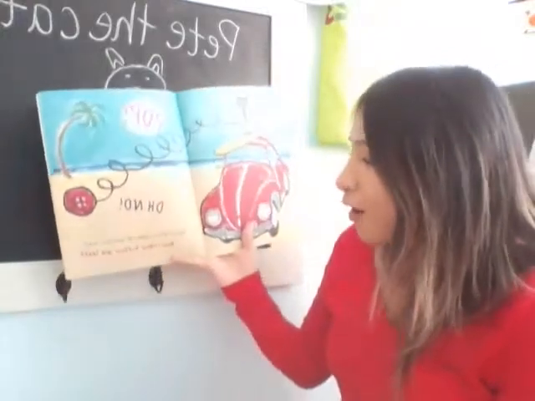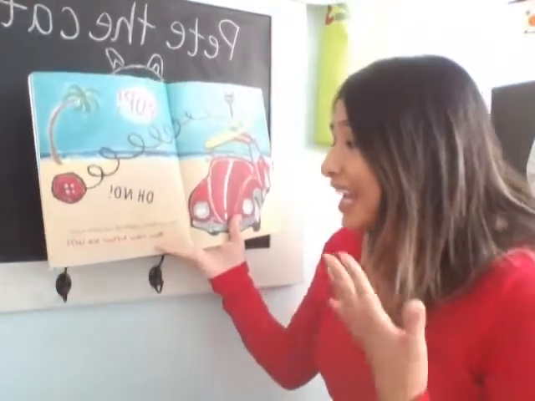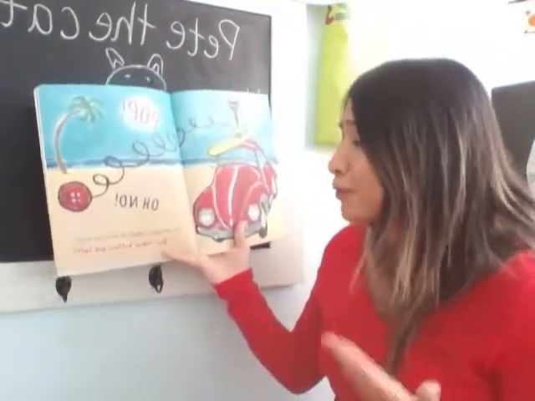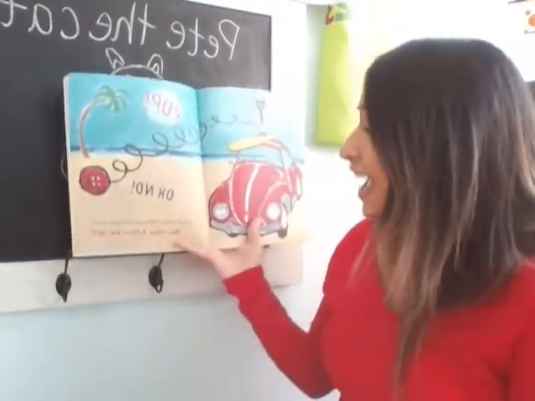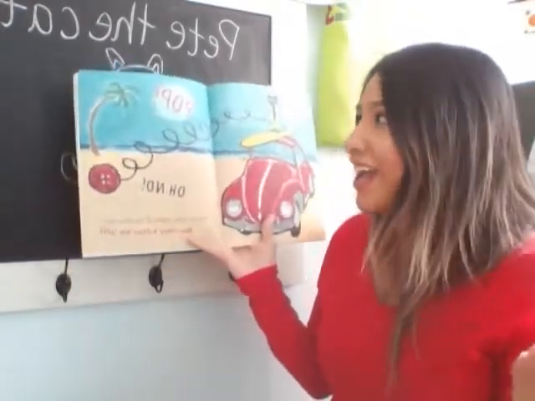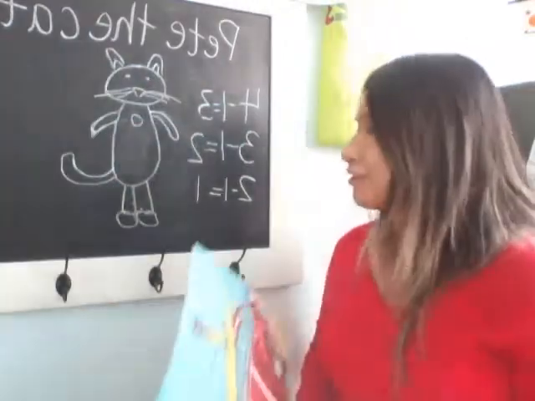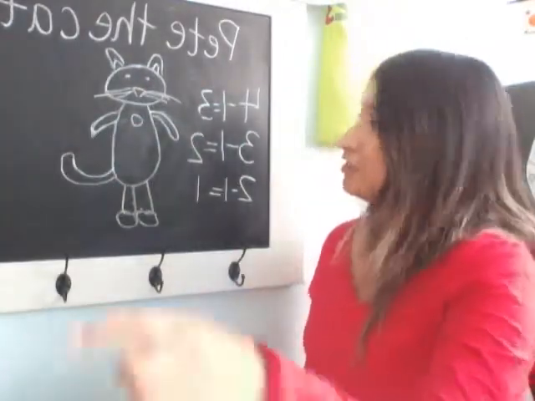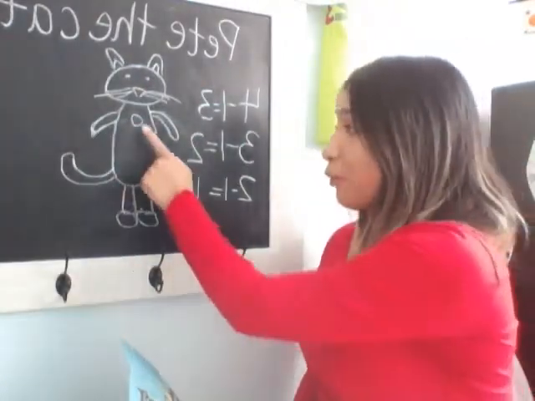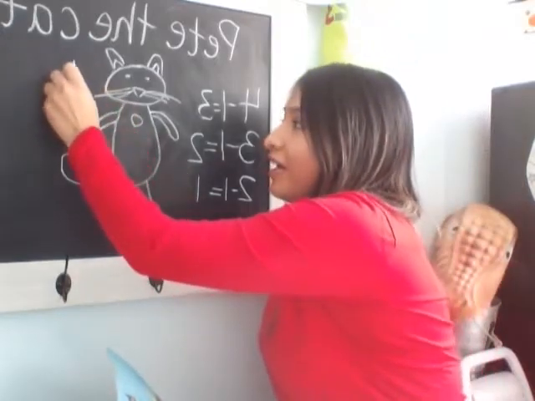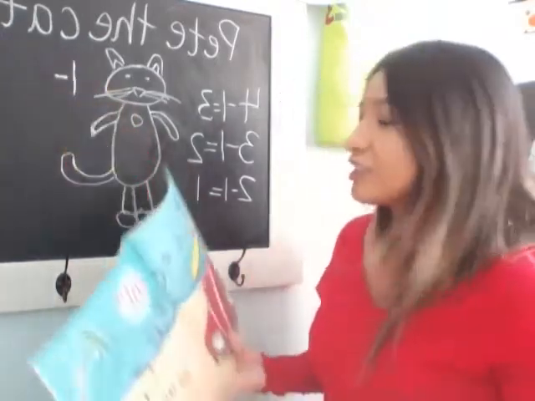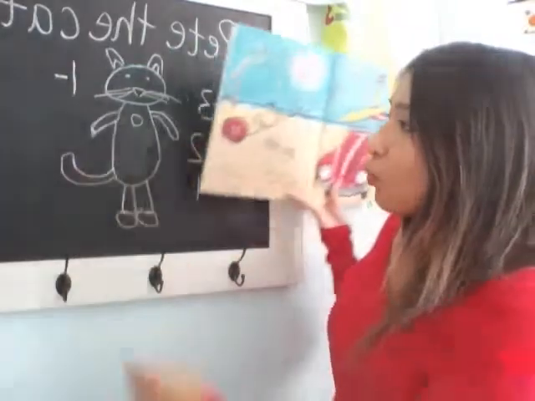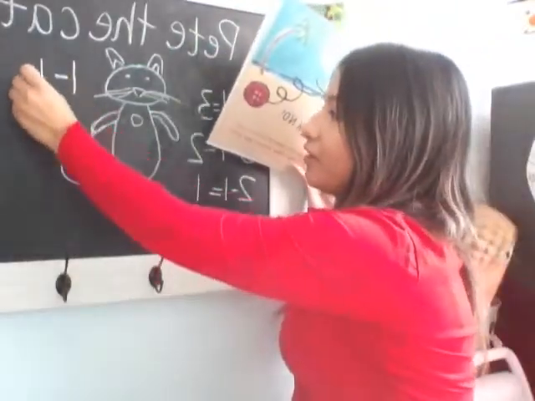Pop! Oh no, the last button popped off and rolled away. How many buttons are left? Oh no, goodness. So we had one left. And how many did Pete just lose? He lost one more button.